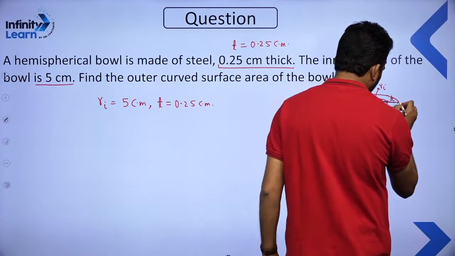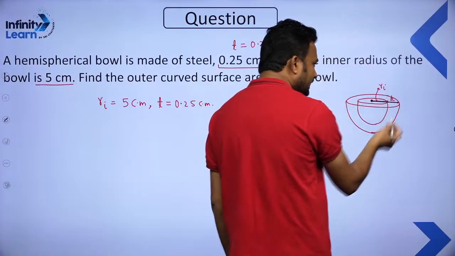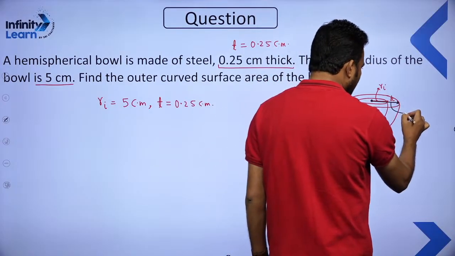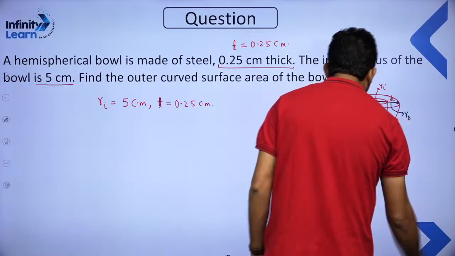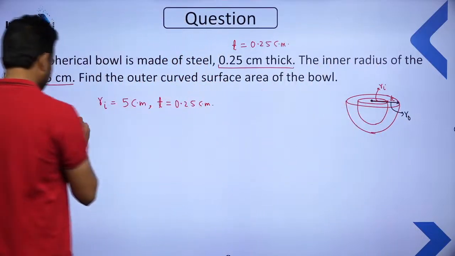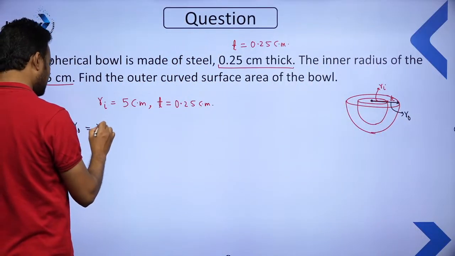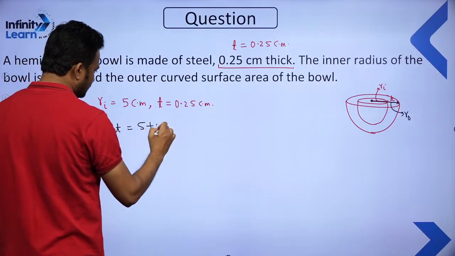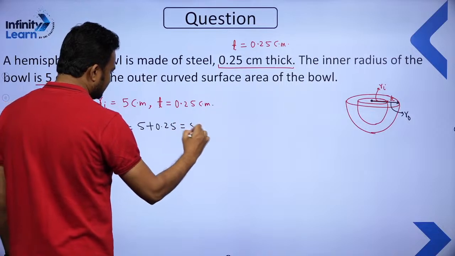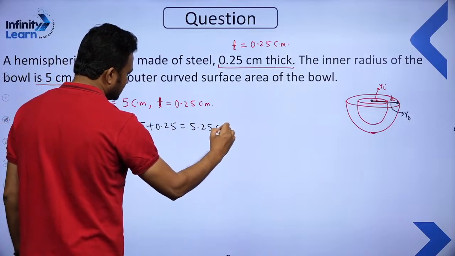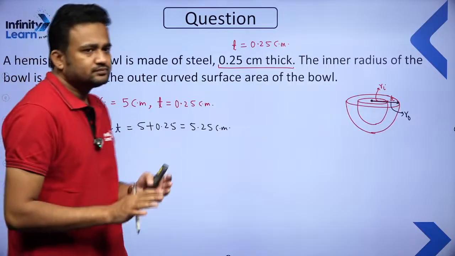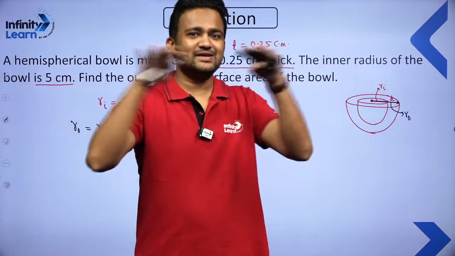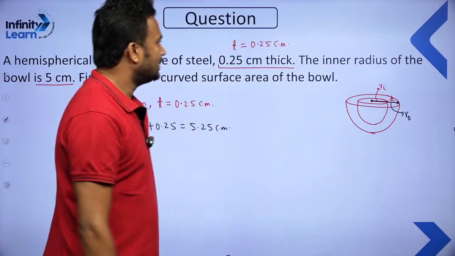This will be the outer radius. So from here we can say that this outer radius Ro will be equal to inner radius plus thickness. So 5 plus 0.25, and that is 5.25 centimeter. So this is the basic concept to find the outer radius.